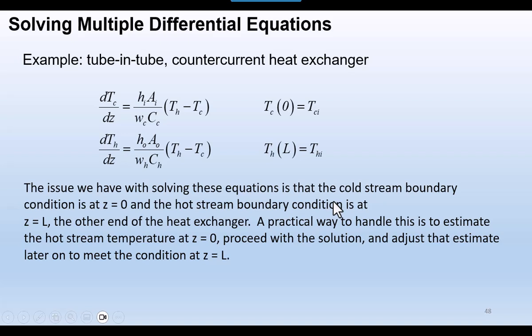And then we repeat the equations here and we indicate what our conditions are, where this is an initial condition at Z equals 0, and this is a final condition at Z equals L. And so the strategy we use here is to estimate the outlet temperature of the hot fluid, which occurs at Z equals 0, solve the equations to Z equals L, and compare the hot temperature that we get at Z equals L to the requirement of the inlet temperature, and then readjust our initial estimate of the hot outlet temperature until we get a match.